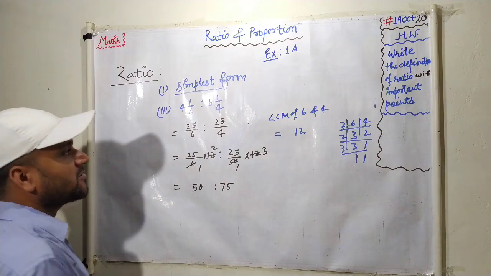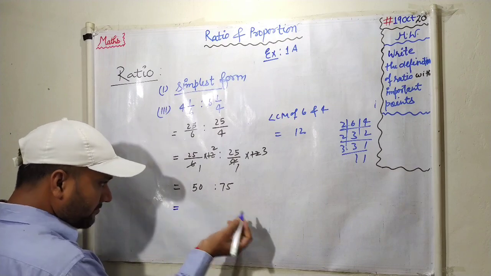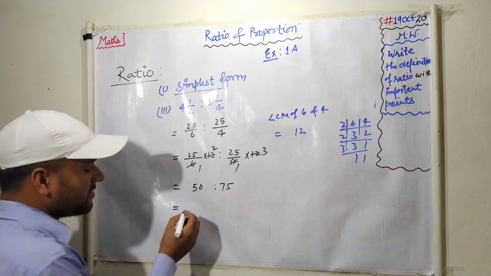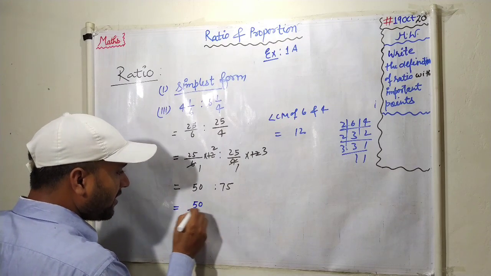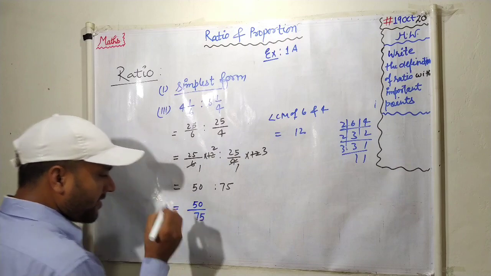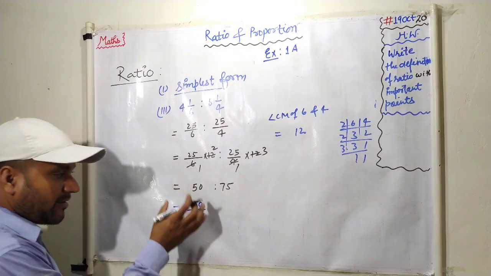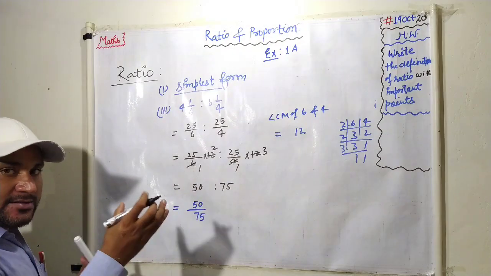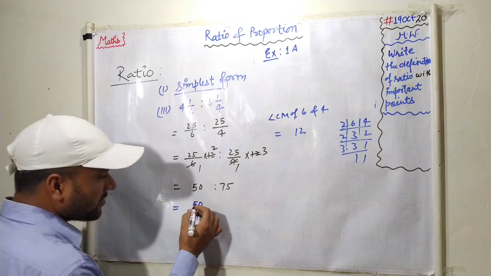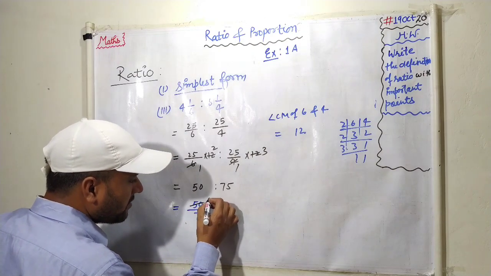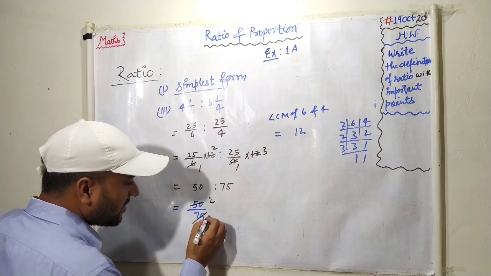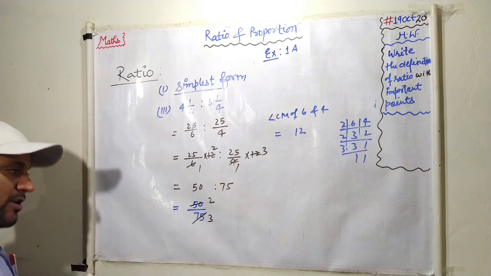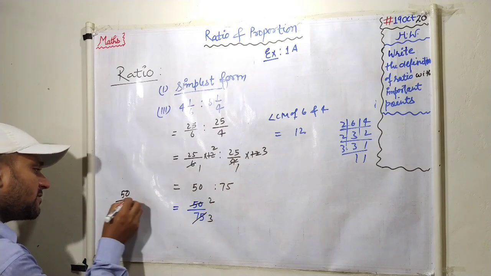Then after, you will change it into a fractional form, 50 upon 75. You can find the highest common factor. It is cancelled out by 25. 25 2s are 50 and 25 3s are 75. But you can cancel out by 5 also. You see this one?